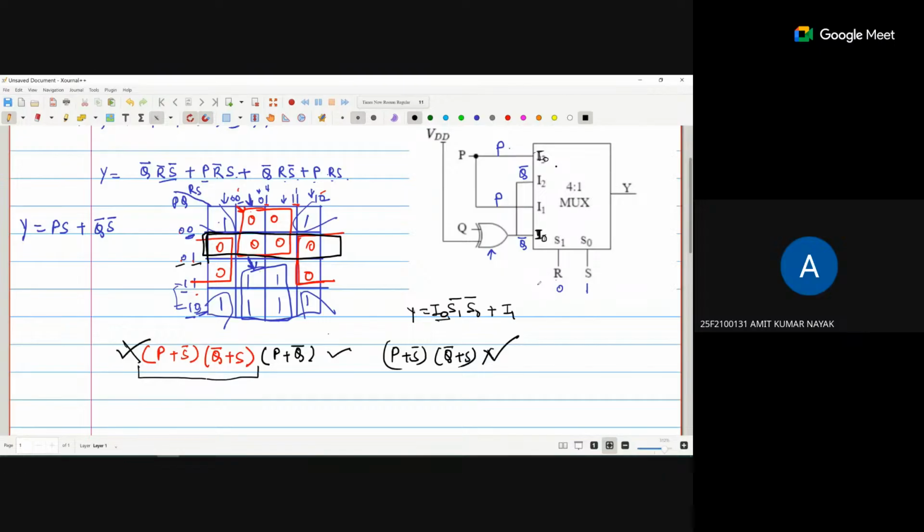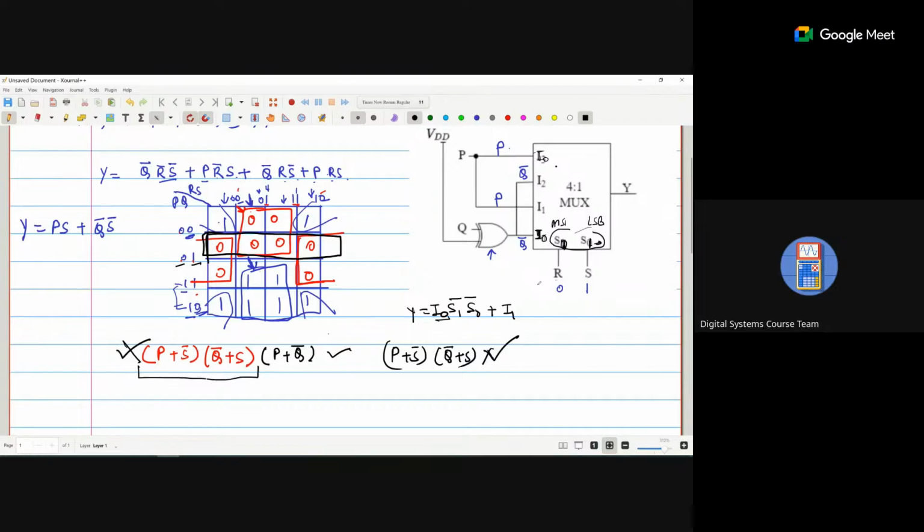If I write S0 here, S1 here, S1 is always the MSB. Generally, for the select lines, we write S1 on the left side, which is the MSB, and on the right side we write the LSB.